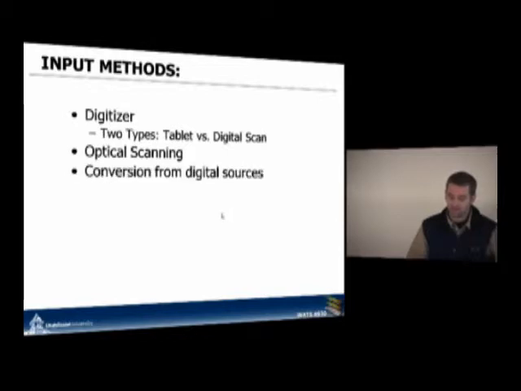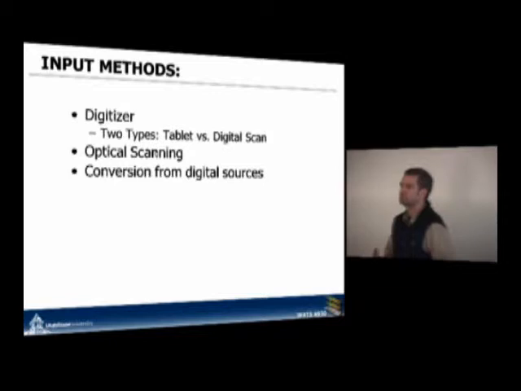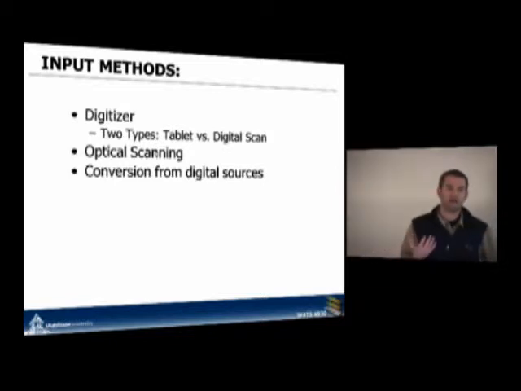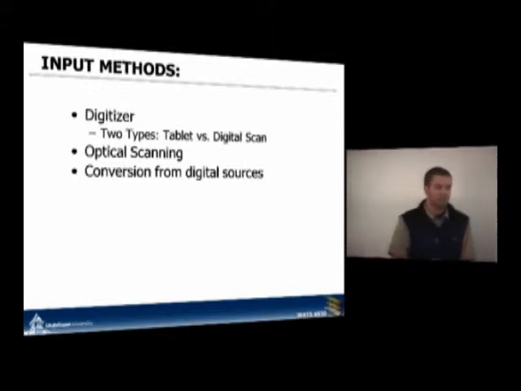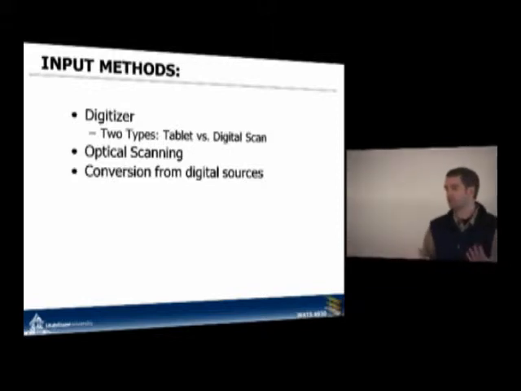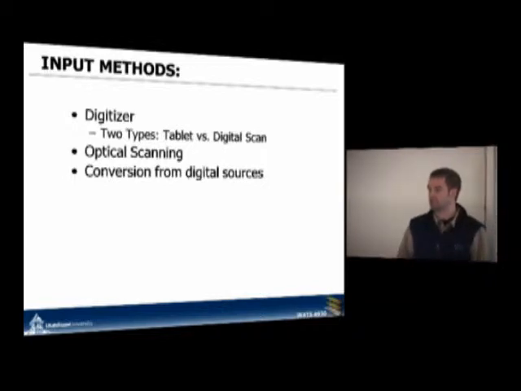So what kind of data am I getting from a digitizer? Is it going to be raster data or vector data? Vector, because I could be tracing points, polylines, or polygons. We can scan in some of those same sources, old maps, old aerial photographs, etc. When we scan those in and georeference them, we're obviously getting raster data.